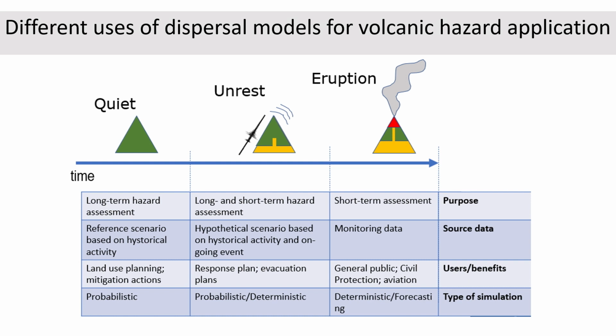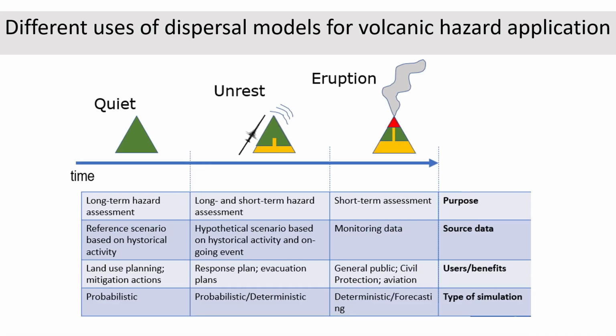So our numerical models will be potentially initialized with known parameters at best, as we can evaluate. Numerical weather prediction will be used as input to the dispersal model. And of course, what we will be getting will be forecasting results that will be used for alerting the general public, the civil aviation authorities, and the civil protection itself.